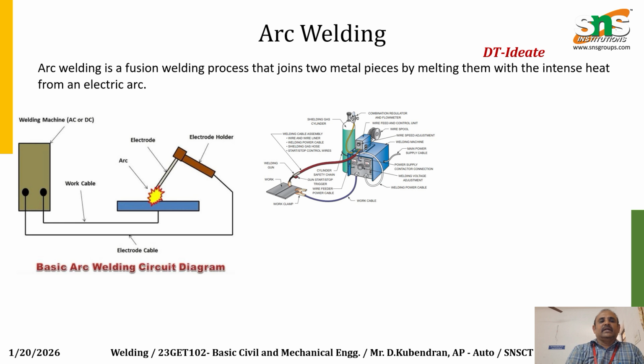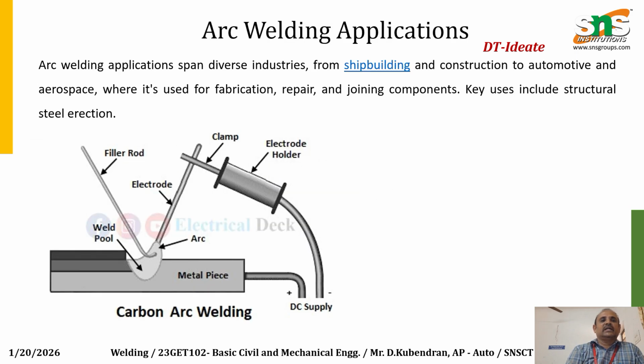Solid state welding: metals are joined without melting by applying pressure and sometimes heat. Friction welding, ultrasonic welding. Energy beam welding uses concentrated energy sources like lasers or electron beams to melt and join metals. Example: laser beam welding, electron beam welding.